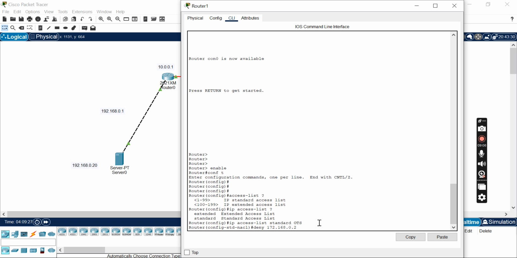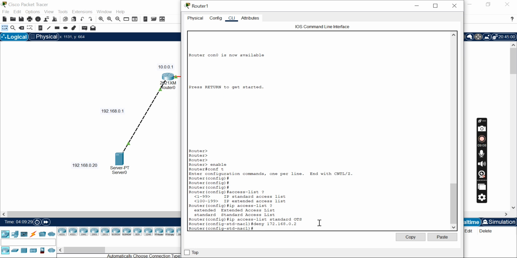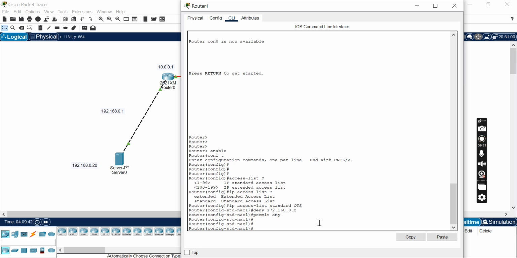So I'm just going to click enter. So deny has successfully completed, and I have to permit. So I'm writing here permit any. Okay, then click again. So this is a neat technique for working on standard ACL.